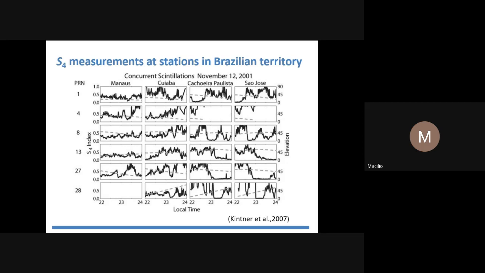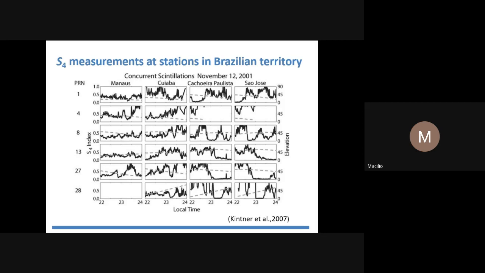It's probably the satellite elevation. On the right-hand side of the plots is 0 to 90. It's elevation.